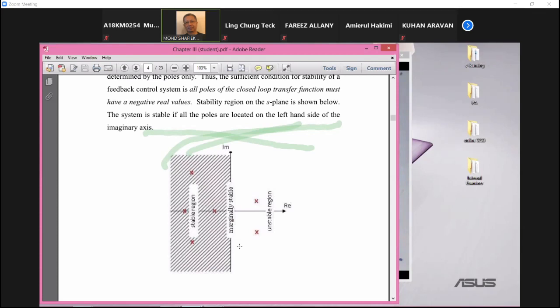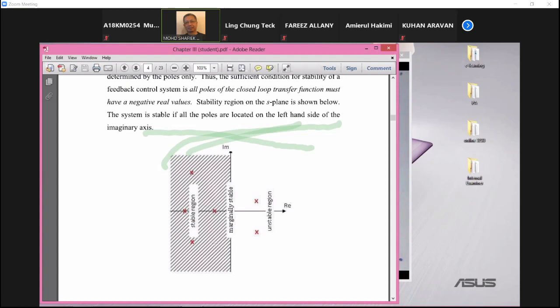For example, a quadratic equation, ax squared plus bx plus c equals 0. The roots are the values of x that will make the equation equal 0. If you have a quadratic equation, you're going to have 2 roots. If you have a third order polynomial, you're going to have 3 roots.